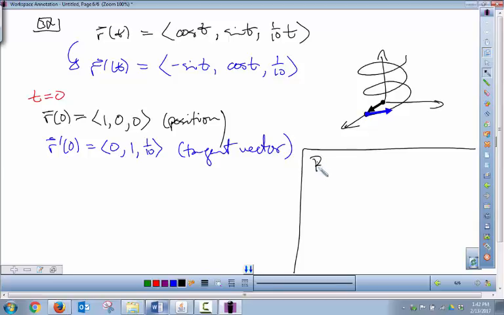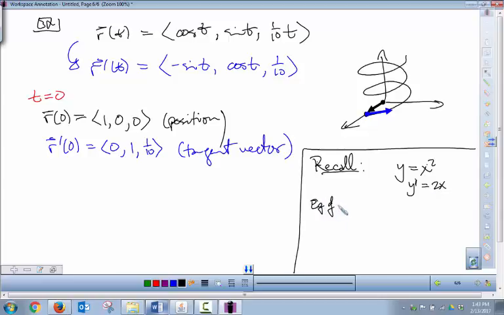I'll put a recall here. If you have y is equal to x squared and y prime is equal to 2x, and then you want to find the equation of the tangent line at x is equal to 1, for example. So you put 1 in for x to get your y value, and then you get 1 for that.